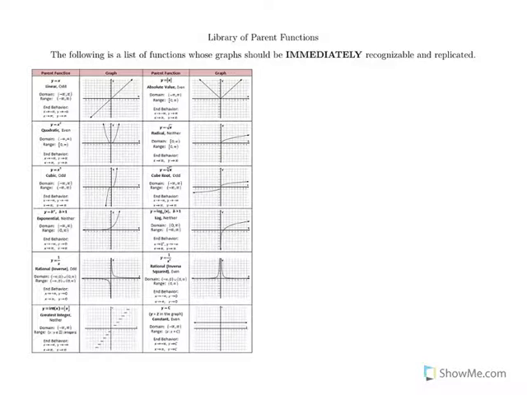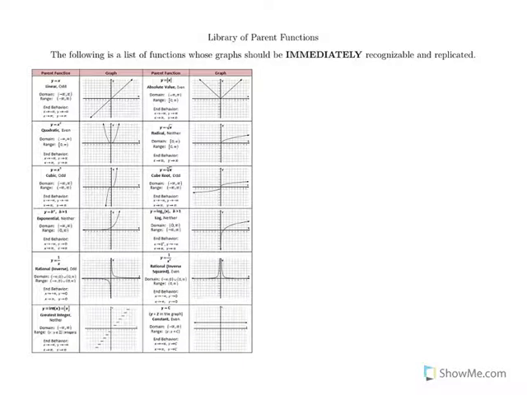What is a log function? 1 over x is a really interesting function that's going to be useful when we think about limits. 1 over x squared is another one. The greatest integer function right here is not as important, but it's a good example of something with discontinuities. And then we have the constant function as well. So all that information should be known and should be immediately recognizable.